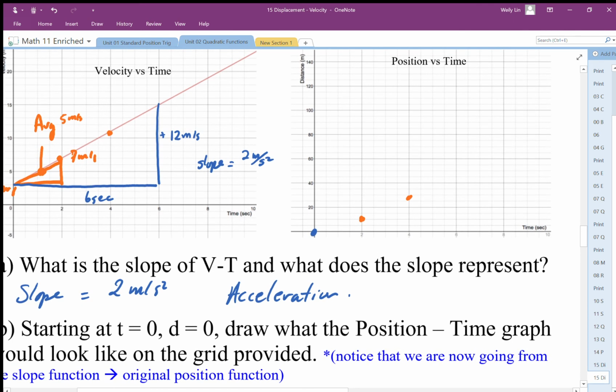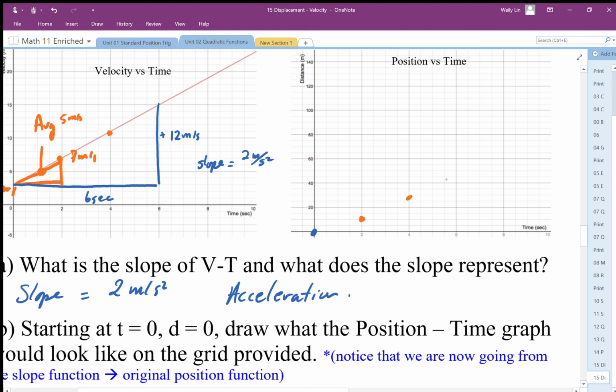And then we can do the same thing for the next 2 seconds. The average velocity between 11 and 15 is going to be 13 meters per second for 2 seconds.